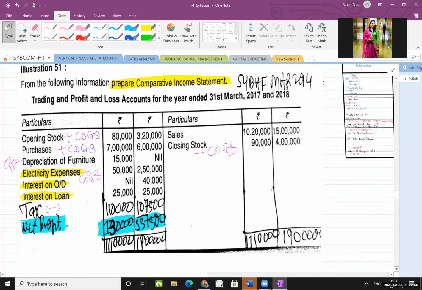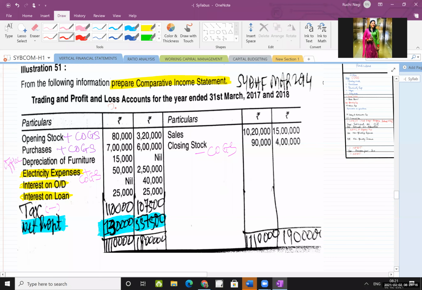This is a trading and P&L account for the year ended 31st March 2017 and 18. So what do you have to prepare? They have told you to prepare a comparative income statement, 2017 and 2018.